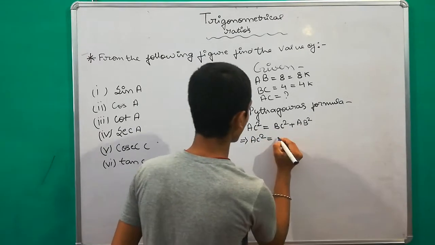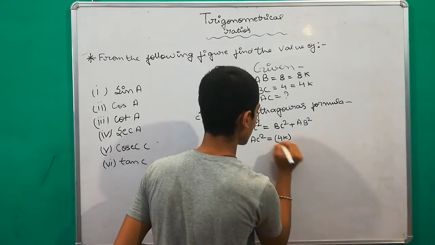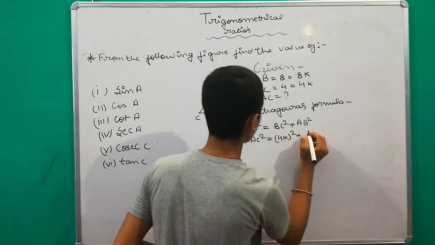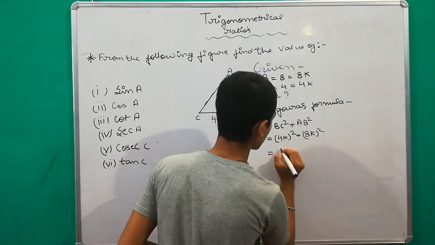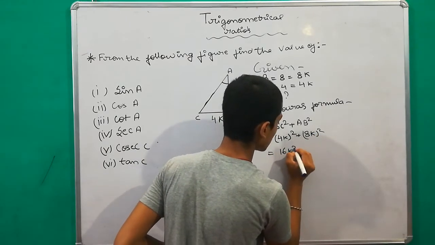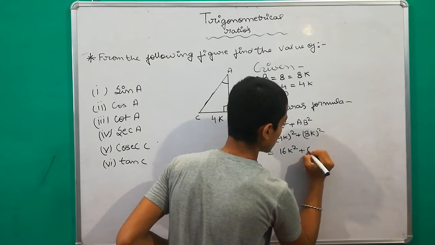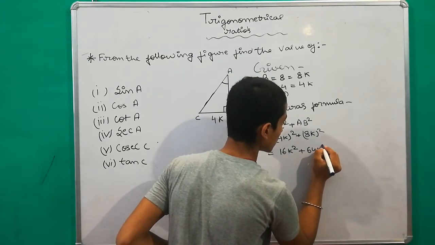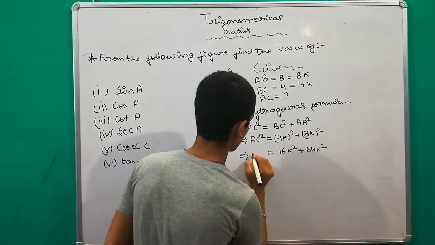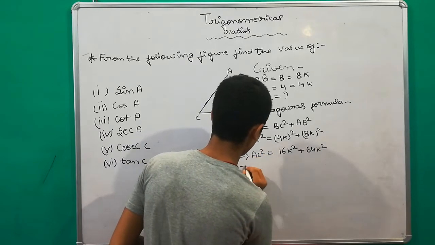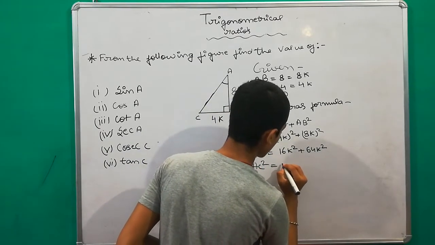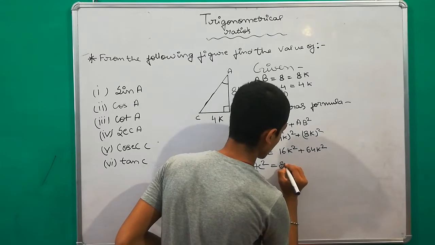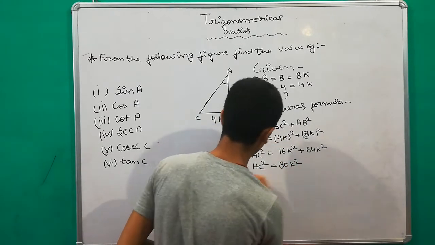According to the angle, the side names also change. In place of BC I will write 4K square, plus in AB we will write 8K square. After simplifying, it will become 16K square plus 64K square. They are like terms, so we will add them. It will become 80K square.